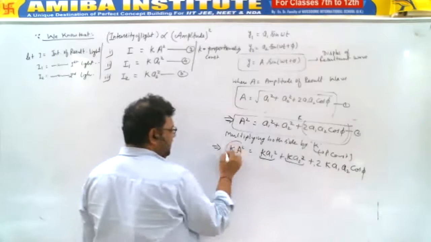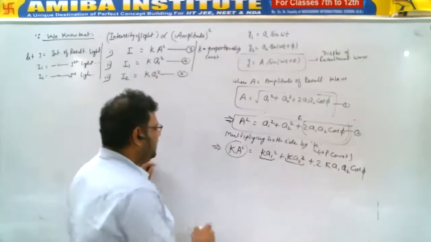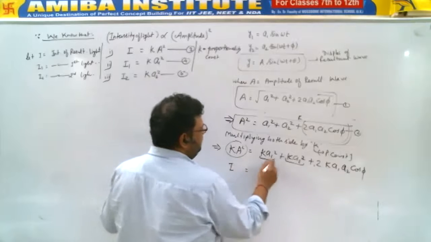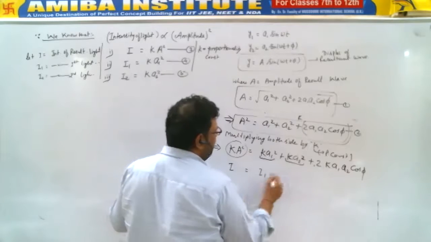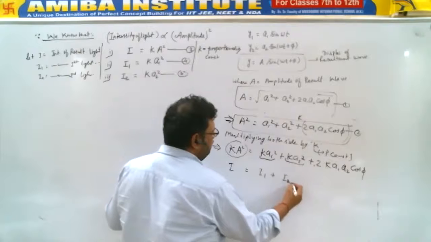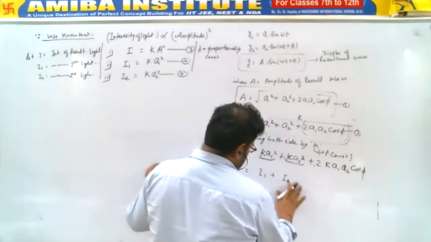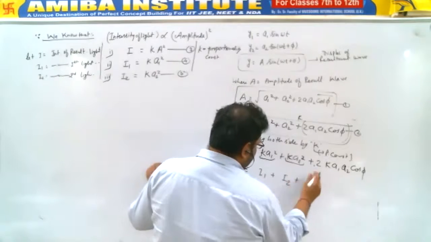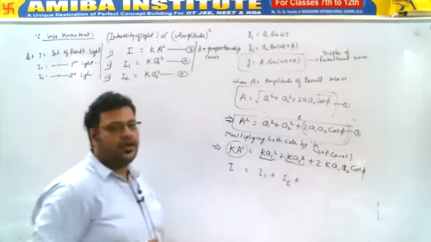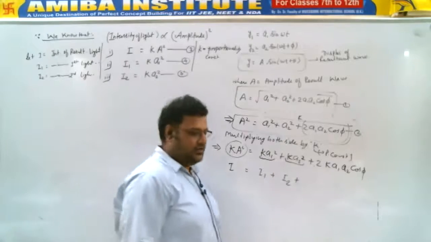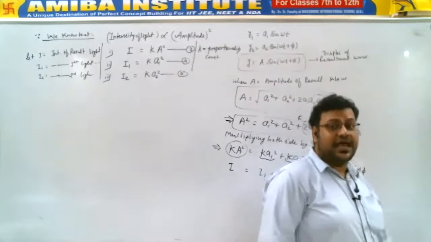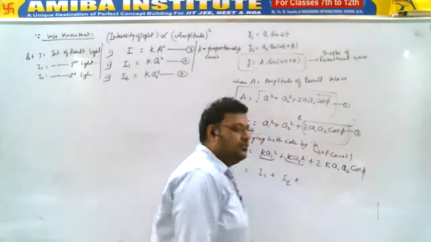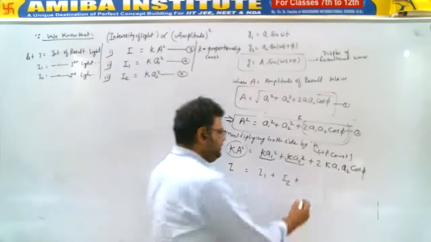Now, by equation 3, I can directly write K A1 square as I1, and K A2 square as I2. But there is no K A1 A2 term like that. Can we do that? Yes, we can. How? Look here now.